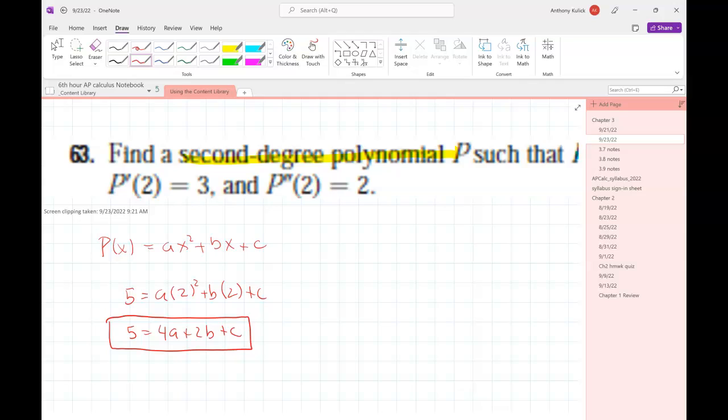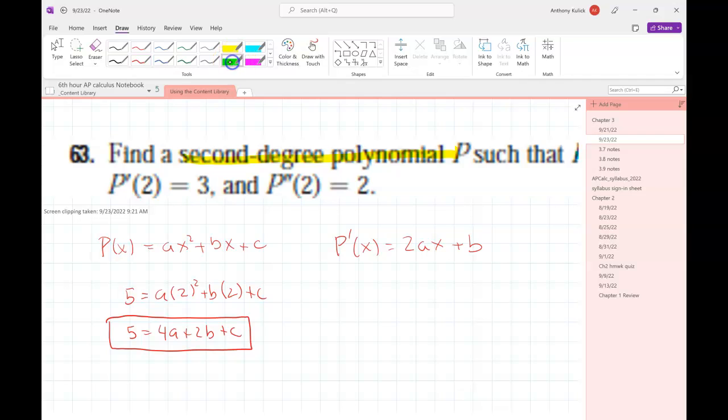Okay. Now it gives me some information about the derivative. So I'll go ahead and calculate the derivative. What's the derivative of P of X going to be? 2AX plus B. Great.